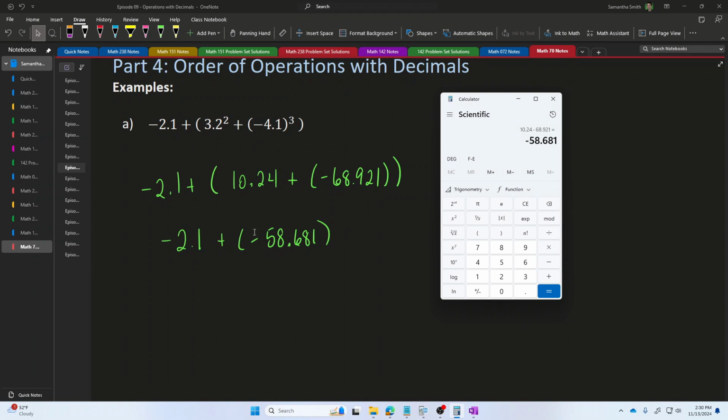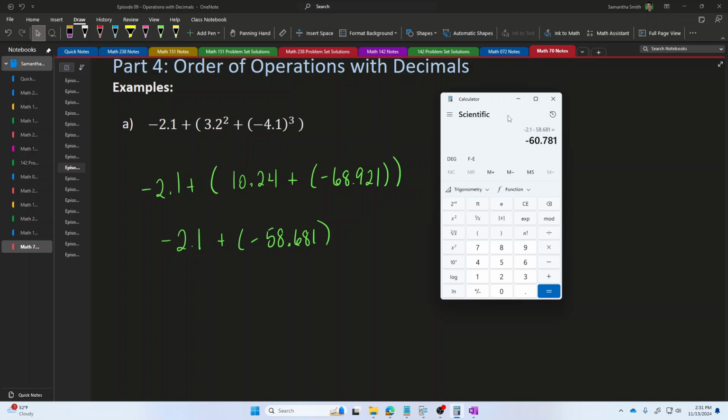Now, all I have to do is finish this calculation. Take negative 2.1 and combine it with negative 58.681. So to that end, I'll do 2.1 negative, and then I will think about subtracting 58.681 from that, since adding a negative is equivalent to subtracting.